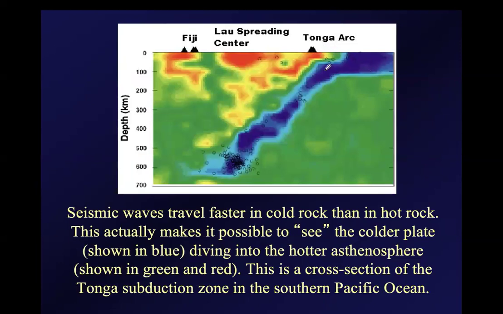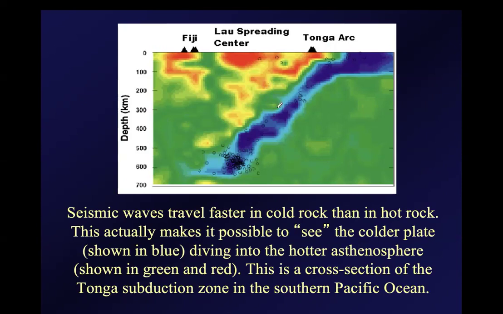And that travel time depends on rock temperature. So with all that travel time data, you can make a model of zones of colder and hotter rock.